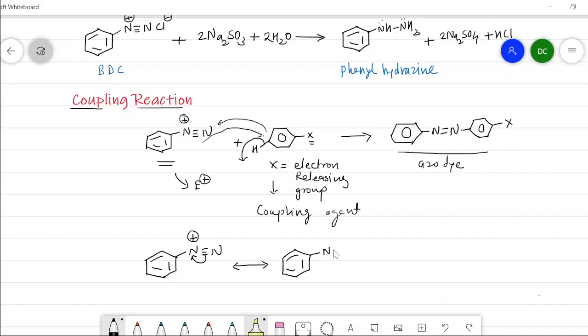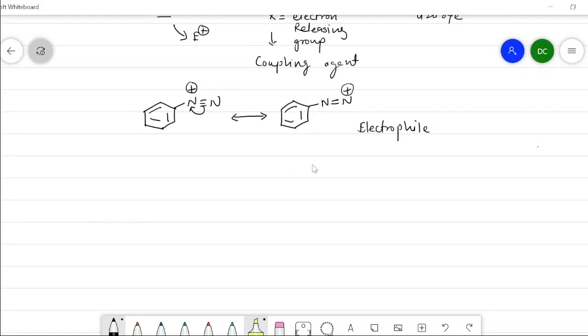Here N double bond N is formed, but the positive charge resides on this nitrogen. So this is the resonating structure of the benzene diazonium cation. Now, this cation acts as an electrophile, and the other aromatic compound attacks this electrophile.